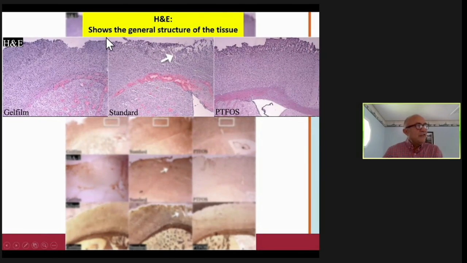The H&E stain showed the general structure of the tissue, and the control is very similar to the PTFOS, while the standard images show perturbance in the general structure of the tissue.